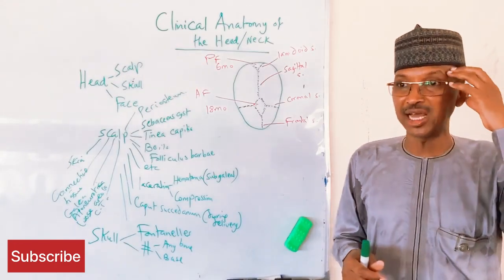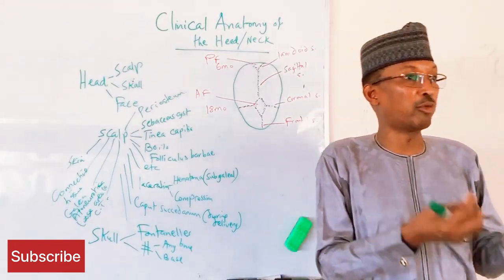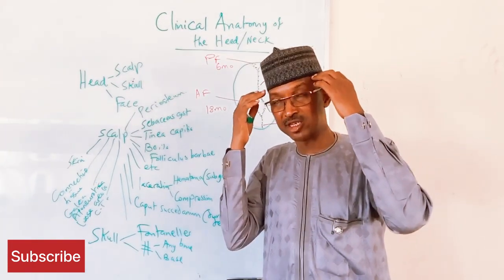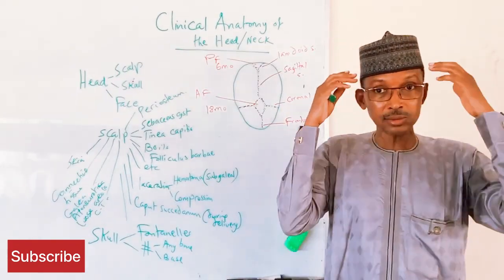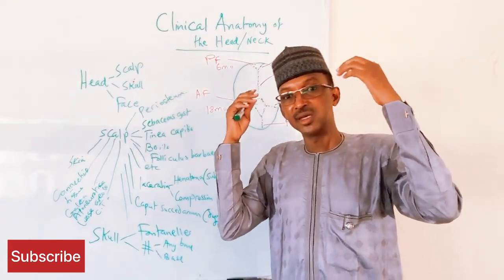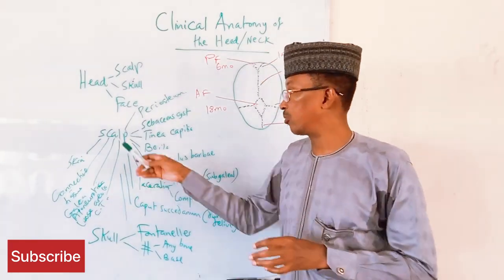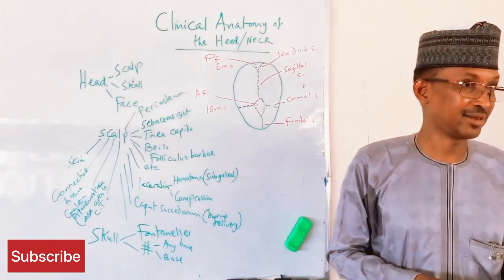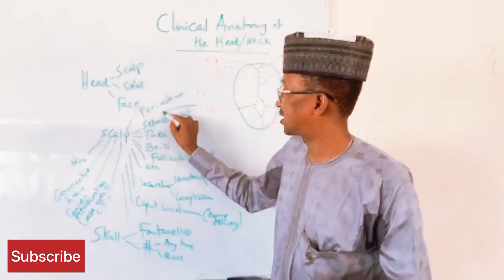The sebaceous gland is responsible for secreting sebum, oily material from underneath the skin. The sebaceous gland is underneath the skin, and so it lubricates the areas around the scalp. And that is why, because the skin of the scalp has a lot of sebaceous glands, it develops what we call sebaceous cyst.